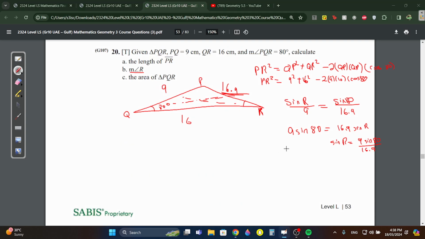So R equals 31.6 degrees. If you want to use the cosine rule, you can also use it.